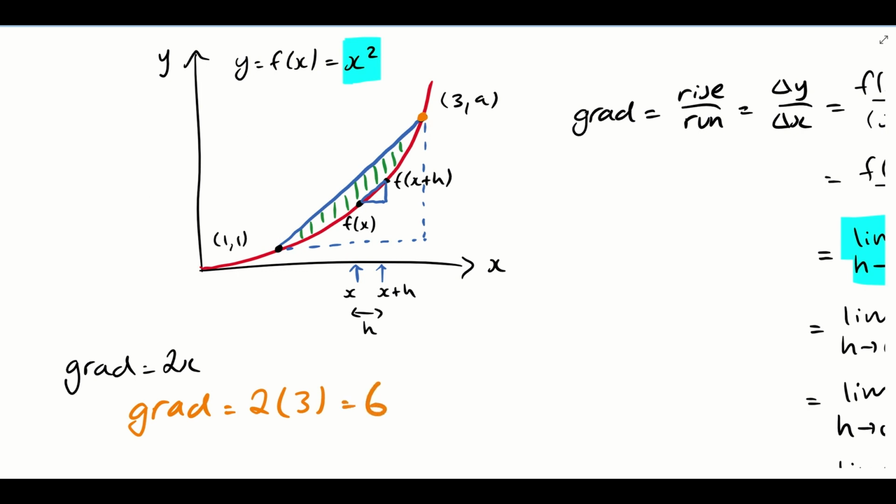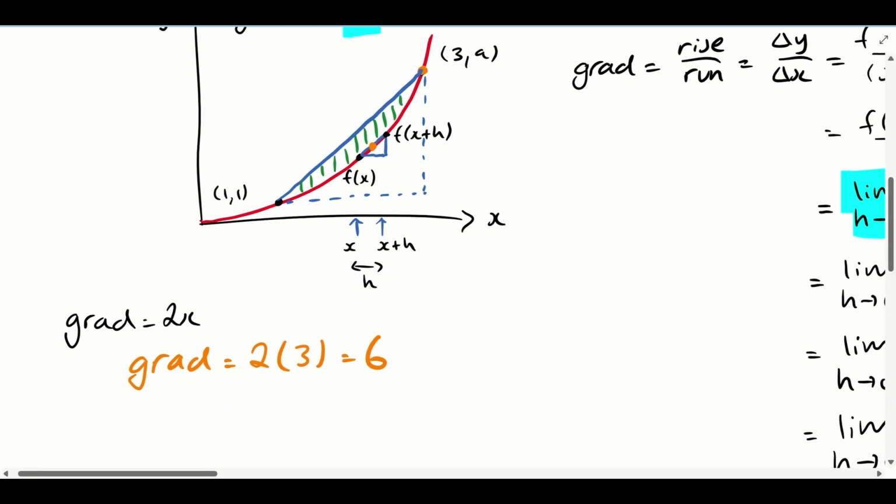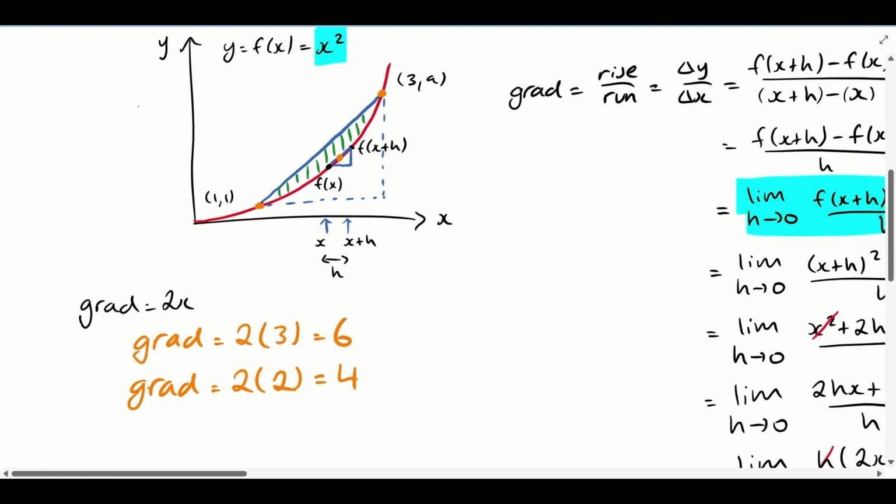Well, if we take a point in between, say this point in here, when x is equal to 2, slightly further downwards, we get gradient is equal to 2 lots of 2, which is equal to 4. And if we take that point that we had just over here, the 1, 1, the gradient is 1 lot of x, which is 1 in this case, 2 lots of 1, which is 2.